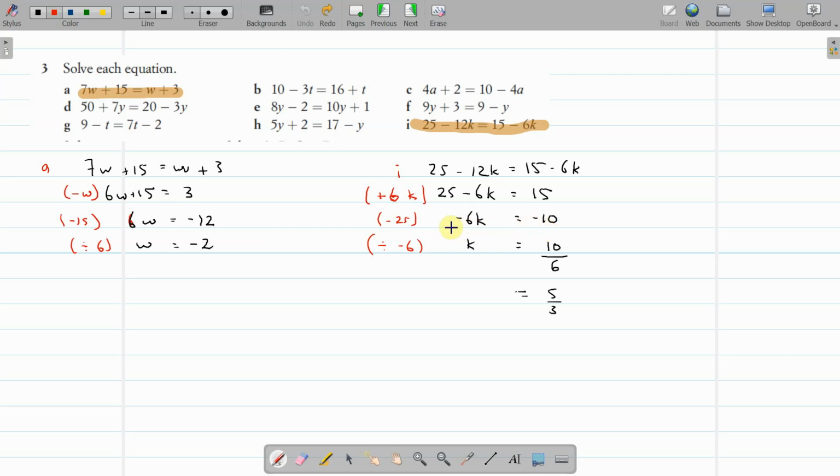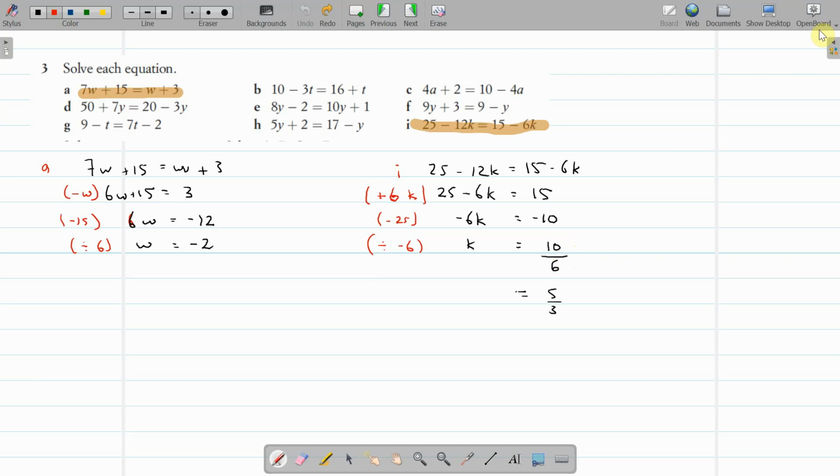Getting very close now. So there we're going to take care of this minus 6k to make it just k. And we do the divide by minus 6. Whatever's here we divide by it. Will give us just k equals divide by minus 6 on this side. Minus 10 divided by minus 6, actually minus divided by minus makes a plus.